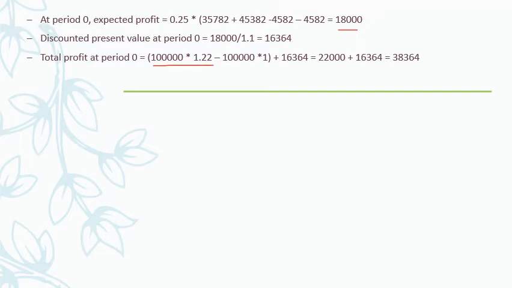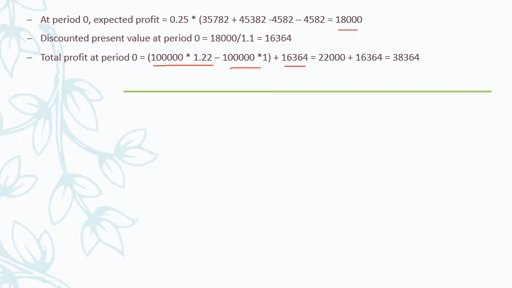Revenue minus cost plus the expected profit. What is the present profit? Present profit is revenue minus cost. What is the revenue? Revenue is 1 lakh into 1.22 and minus 1 lakh into 1 rupee. That is the total demand at period 0.